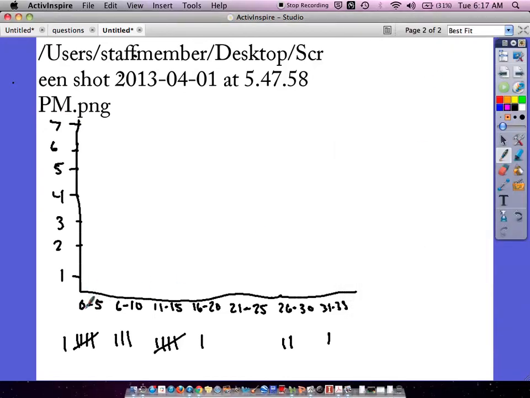So 0 to 5 public institutions, 4 years. I will draw my bar like this, because there are 6 states that have from 0 to 5 4-year colleges, public schools.